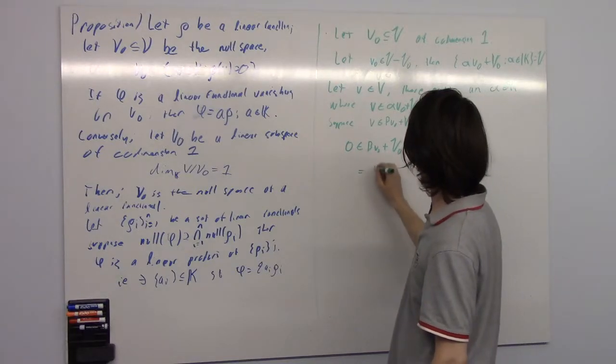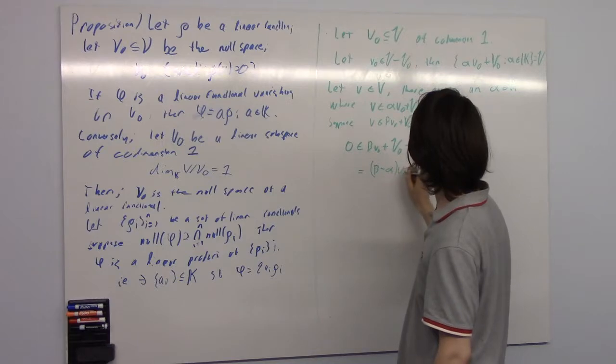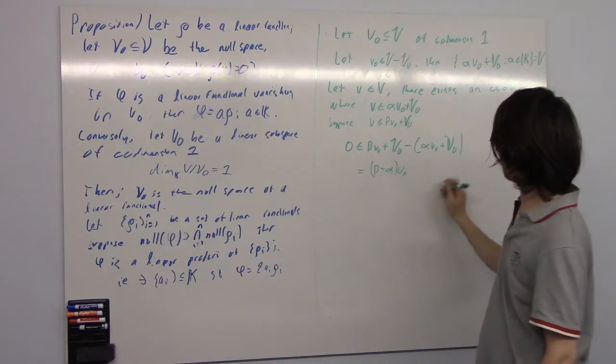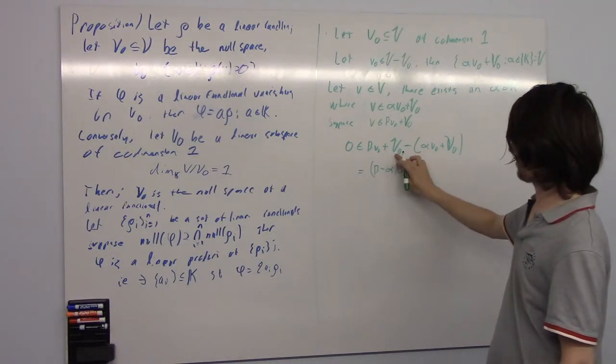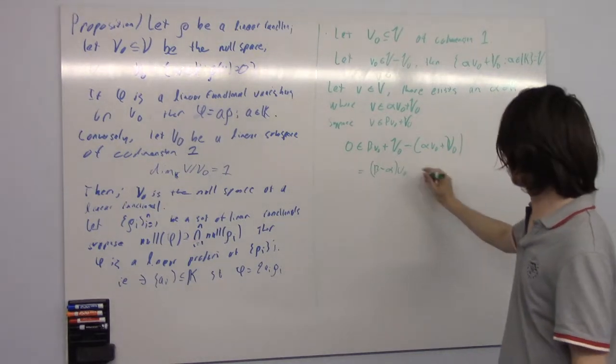This is going to equal beta minus alpha of v naught. And V naught minus V naught is just V naught. It's a linear space.